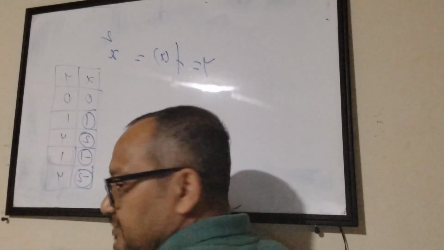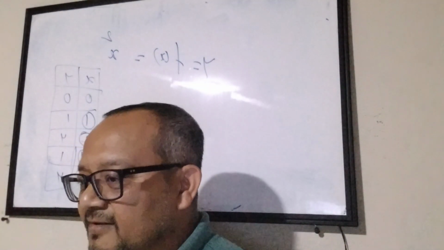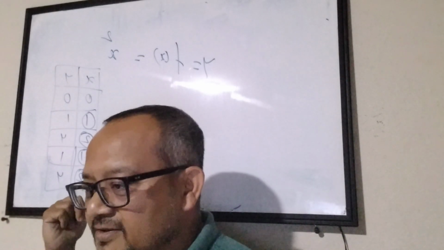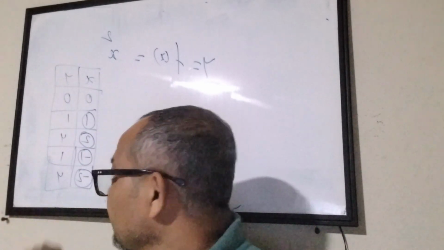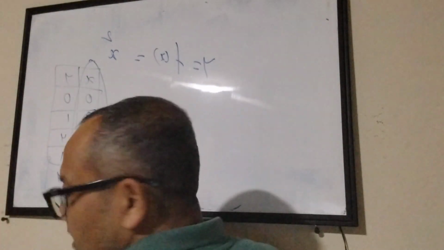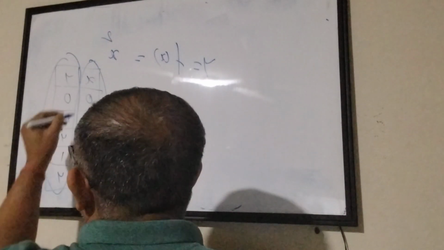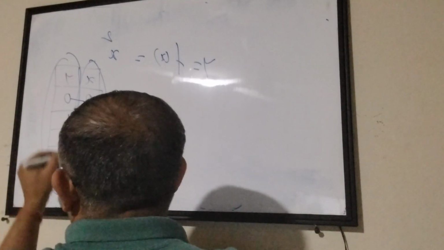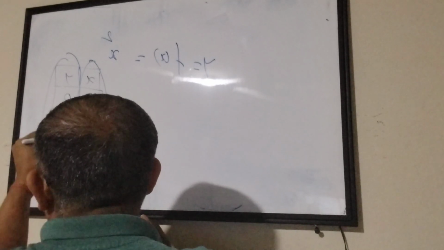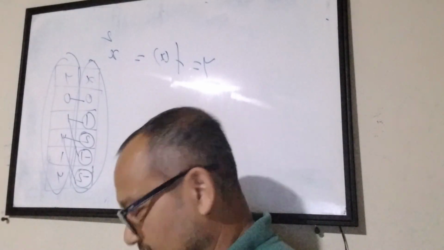Are you able to relate to what I'm saying? Meaning, if this is your domain and this is your range, what do you see? This is not inversible.